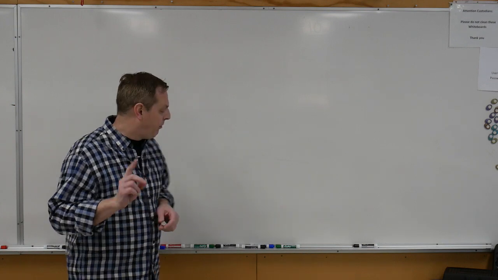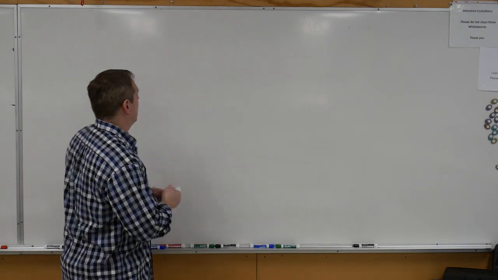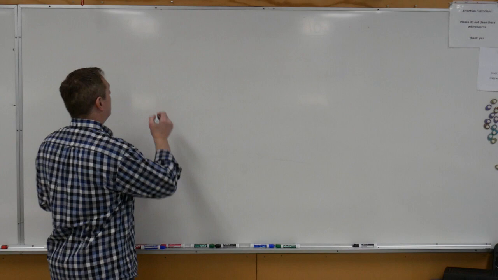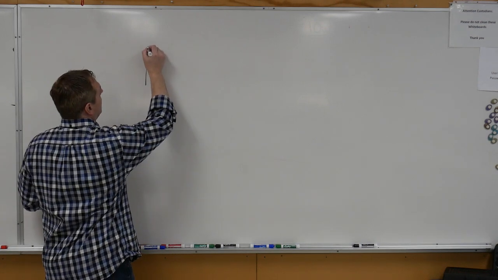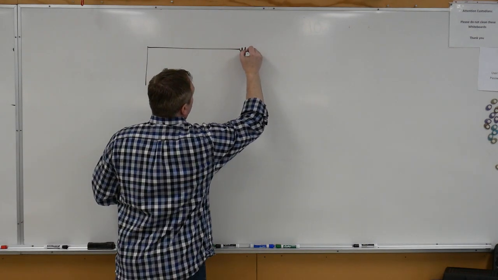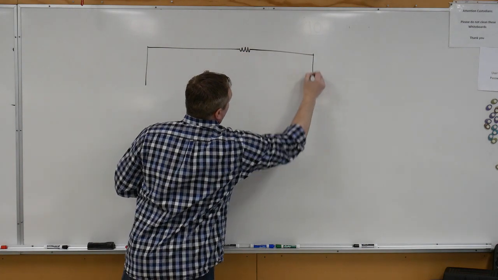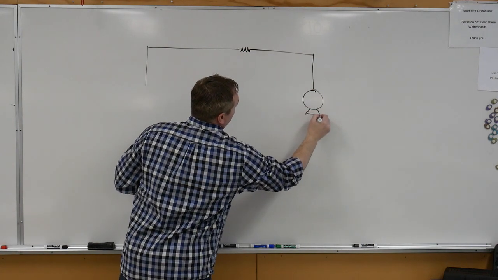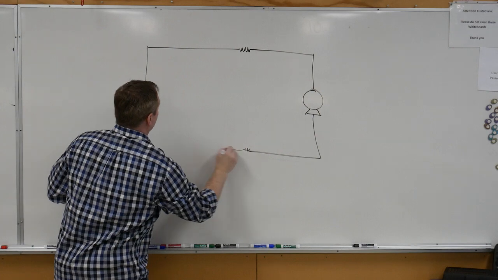All right, so if we analyze a very simple circuit here, and this circuit is a series circuit, which we're going to talk about shortly, I'm going to draw resistances in series with the load. I'm going to call that a motor or something.